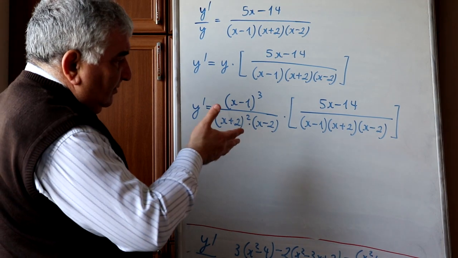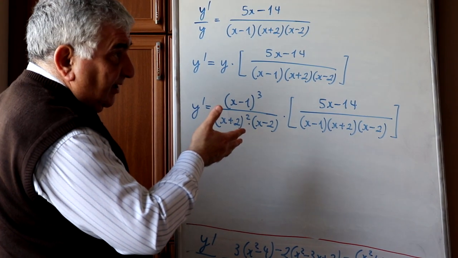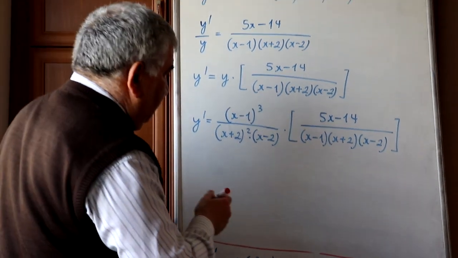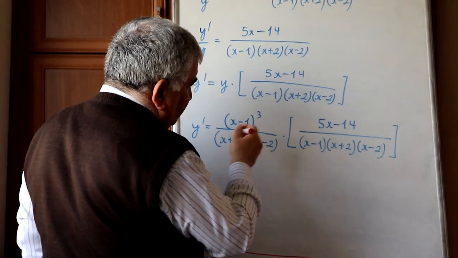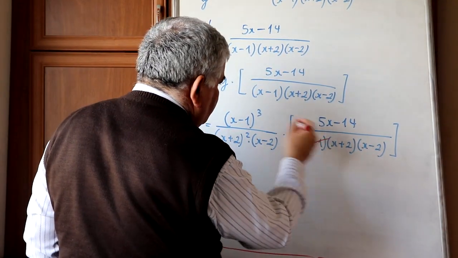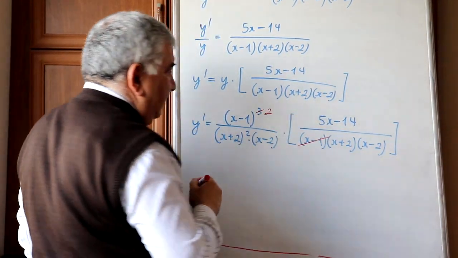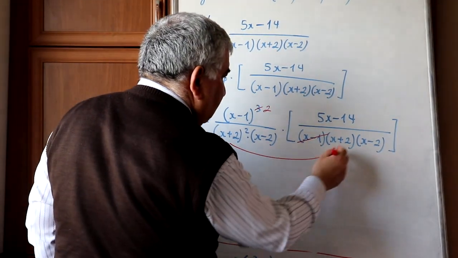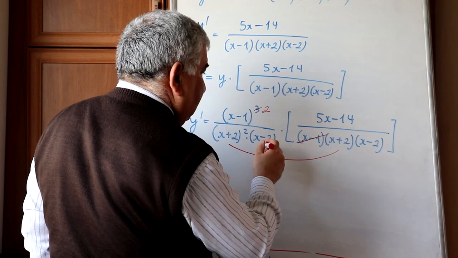Then we can simplify the obtained fraction and collect the similar terms. We can simplify by x minus 1 squared, and collect x plus 2 squared and x plus 2 and x minus 2.